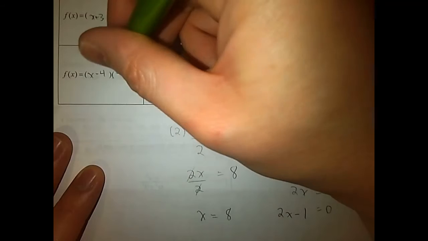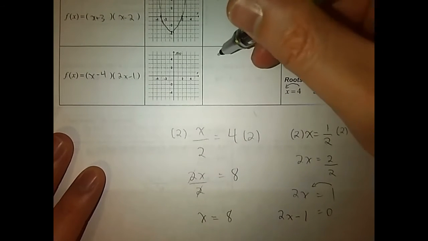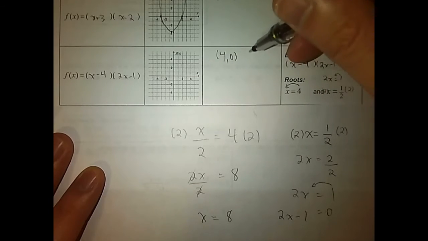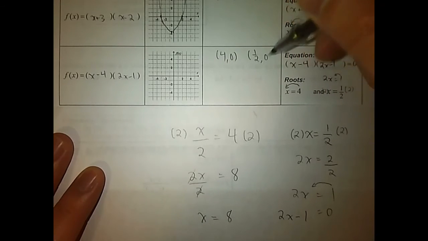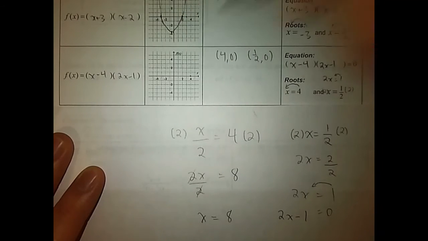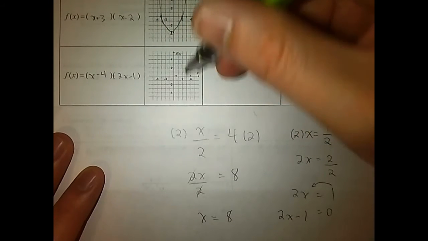So then I get 2x minus 1. So these are my roots. I have 4, 0, and 1/2, 0. So I'd have one at 4, 0 here, and then one at 1/2, 0. And I'd have a vertex somewhere.